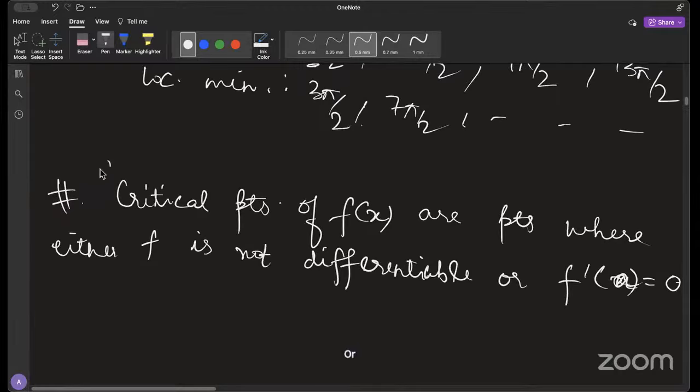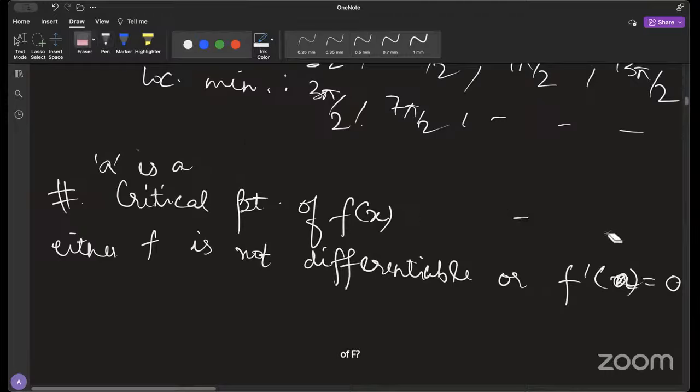Or let me just write: a is a critical point of f if either f is not differentiable at a, or f'(a) is 0.